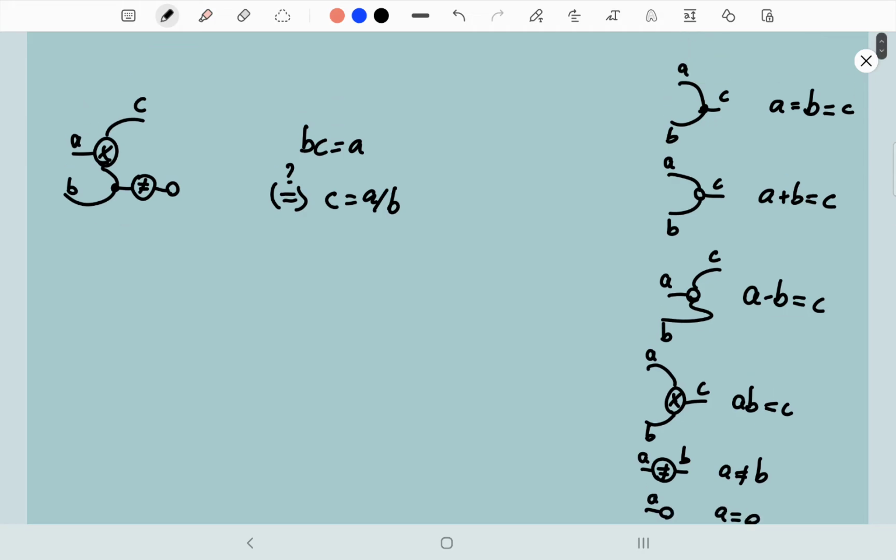So this says BC equals A and B different from zero. And now this is actually equivalent to C equals A over B and B different from zero.